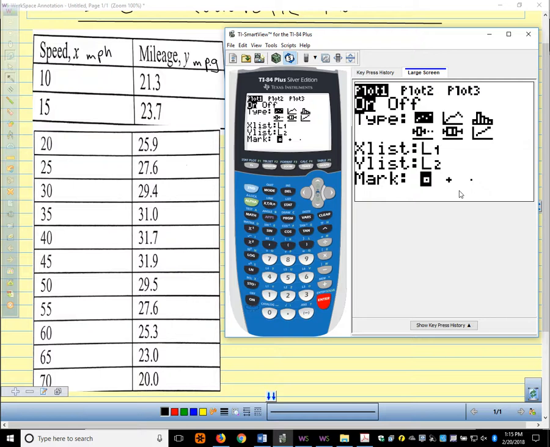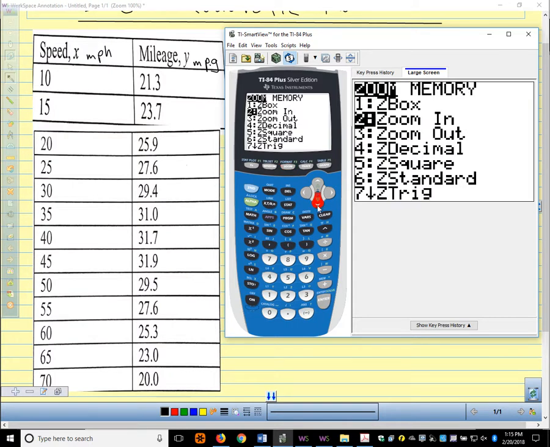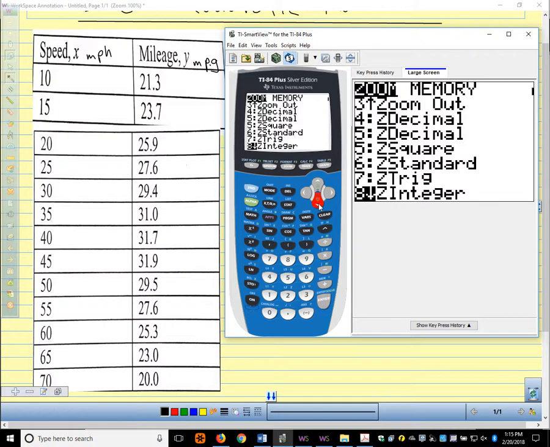To get the calculator to graph these so your window is nice, I'm going to do zoom, and then zoom 9, I believe, is zoom stat, and then it sets the window for your data. Zoom stat. There's those data points plotted.